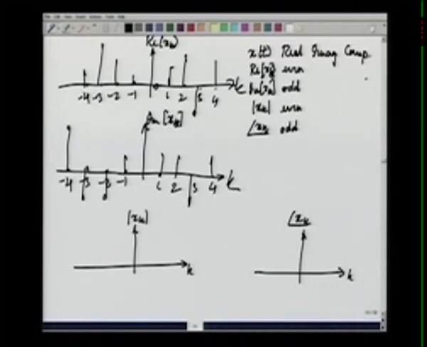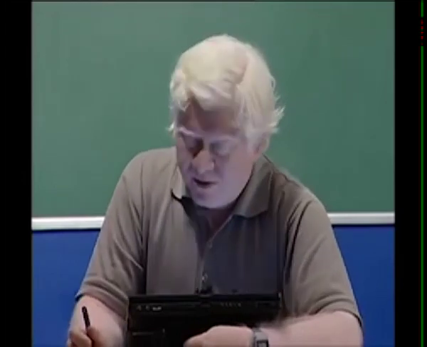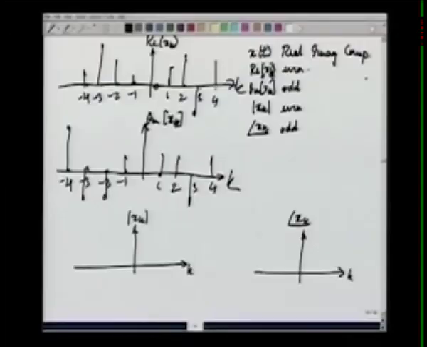This is the set of properties you can expect when x t is real. When x t is imaginary, precisely the opposite happens. For example, the real part will be odd, the imaginary part will be even.